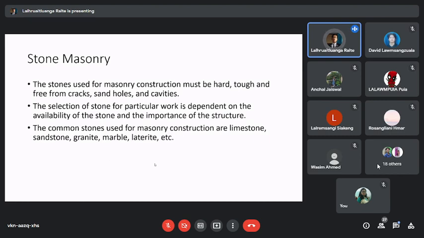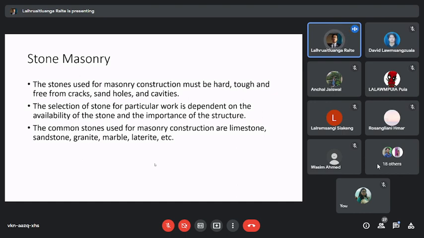The selection of stone for particular work is dependent on the availability of the stone and the importance of the structure. And the importance of the structure is always the key factor, mainly because nowadays in modern construction, if we are to go for a heavy loaded structure, then we seldom use stone masonry, even though it is one of the strongest naturally available materials.